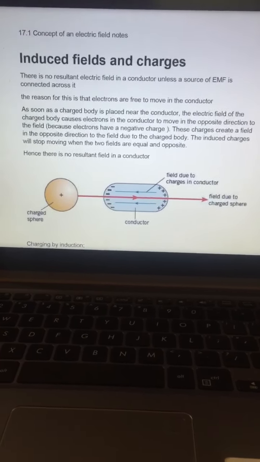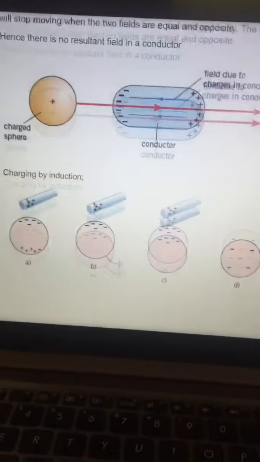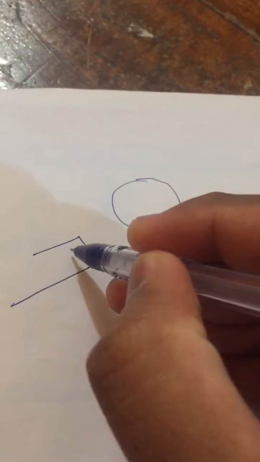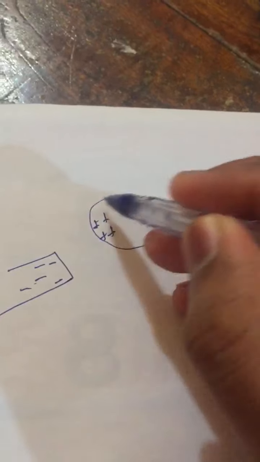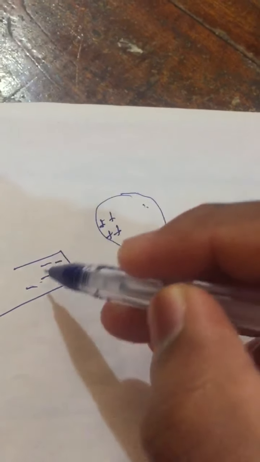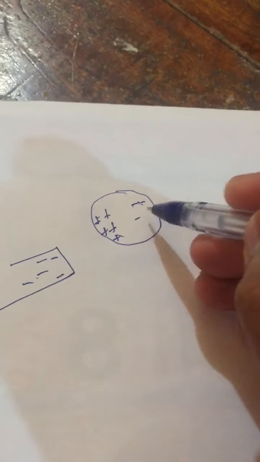Then there is induction. In O level, you would have learned that if there is a positive sphere and you bring a negatively charged rod closer to the sphere, then the positive charges will come towards it and the negative charges in the sphere will move away from it.